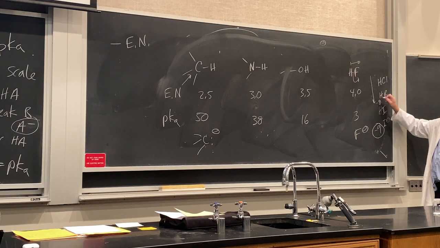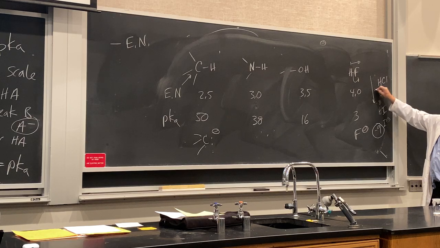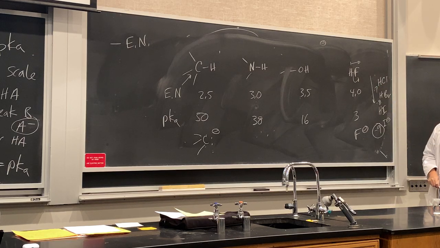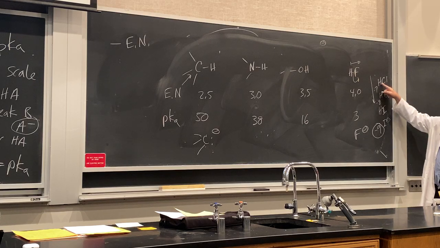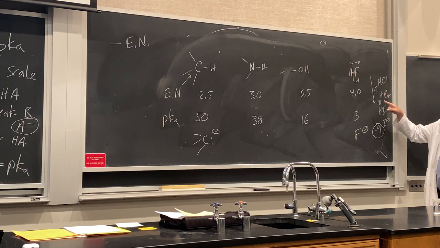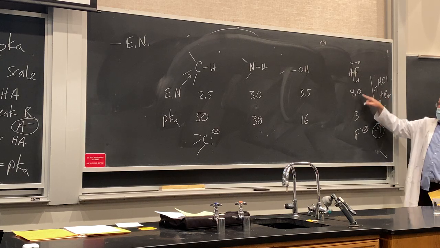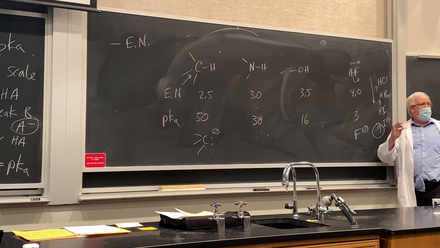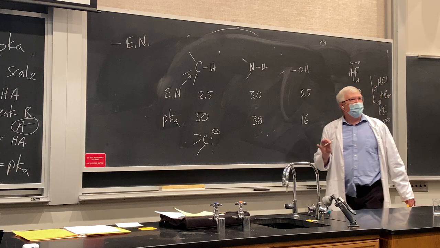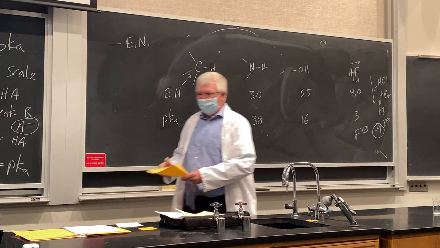HBr is -8 pKa, and what's HCl? We learned that last time, -7. So that kind of goes against things, and it has to do with the size of the atom, the weakness of this bond, and the polarizability. It's not directly electronegativity, because HF is the weakest acid, okay? But that's inorganic stuff. I don't really care about that, but it just rounds out the discussion a little bit.